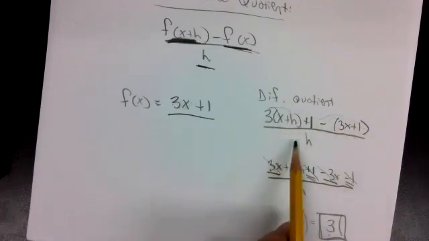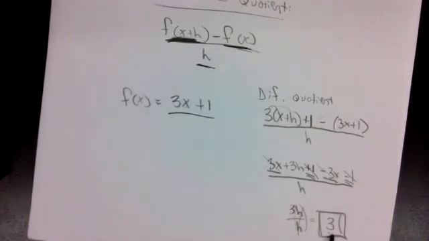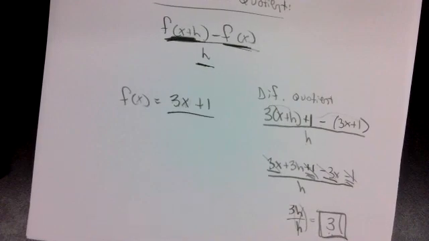Once we worked this whole thing out, everything canceled out all the way down to 3. That was clear as mud.